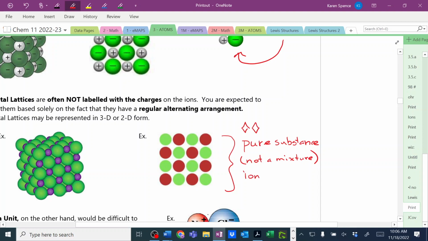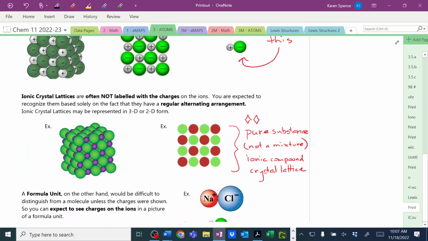It's an ionic compound, and it is a crystal lattice. But like I said, I think that's maybe a bit sophisticated for grade 9, to be able to go past the point where we've labeled the positives and negatives for you and just imply that there are positives and negatives because you can see that they are alternating, A, B, A, B. There's no randomness in that at all. But don't you worry about doing that.